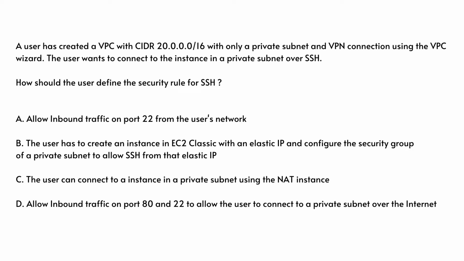Option C. The user can connect to an instance in a private subnet using the NAT instance. And option D. Allow inbound traffic on port 80 and 22 to allow the user to connect to a private subnet over the internet.